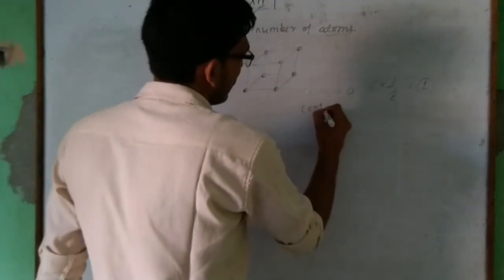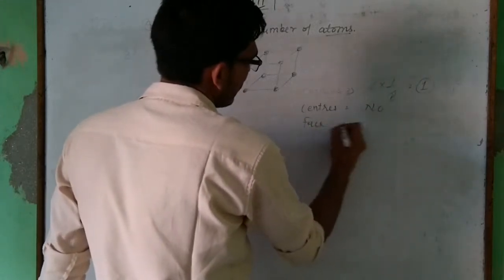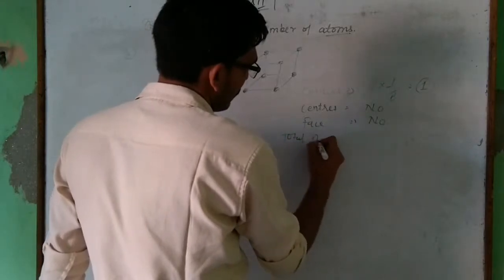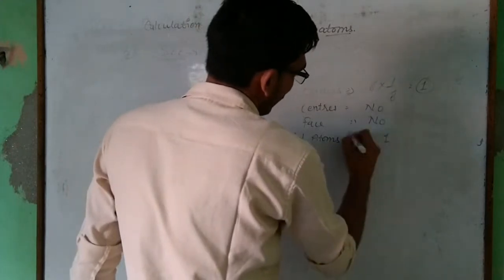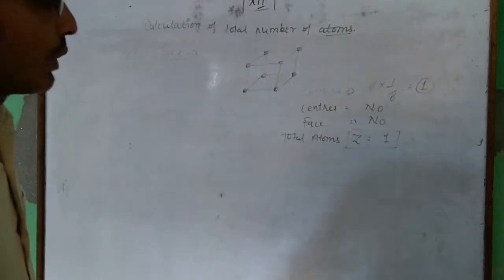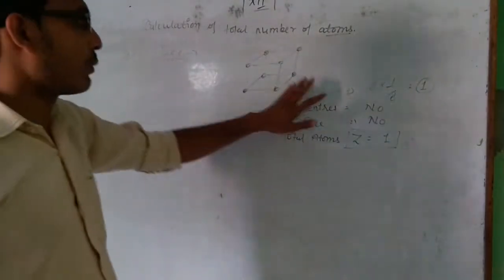Center, no. Face, no. So total atoms Z equals 1. So in SCC there is only one atom present. How have we calculated it?